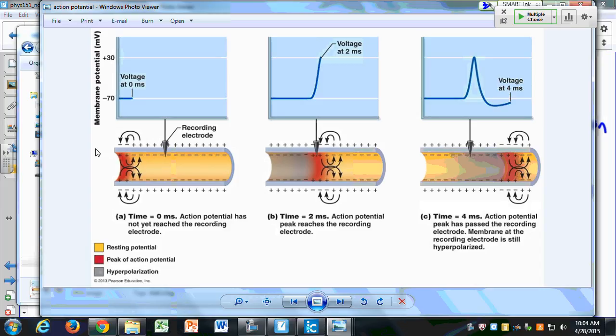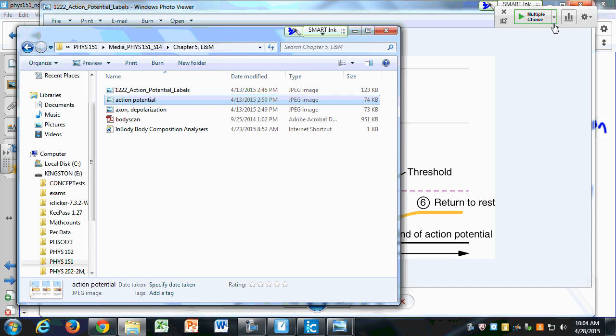You actually have this interchange of ions all along the body. I'll send you this figure, but they talk about it in the book as well. This sort of wave of ion exchange, which causes this change of potential, is called an action potential.